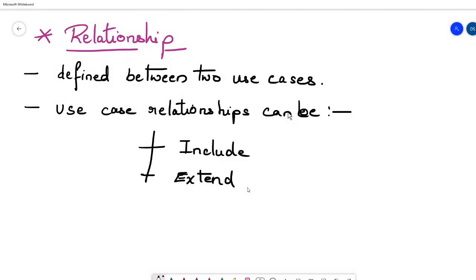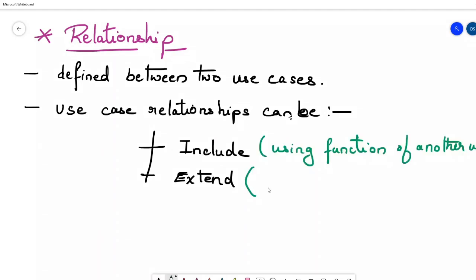Include means using the function of another use case. And extend means you are deriving something, that is, making a child class from the parent class.